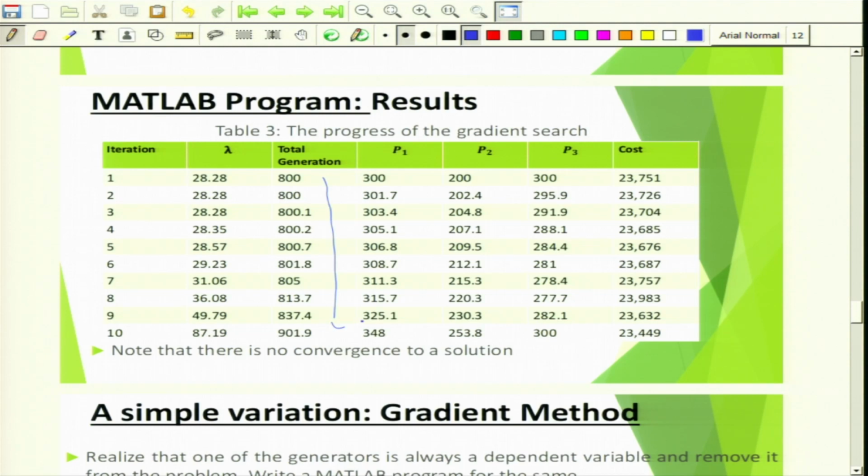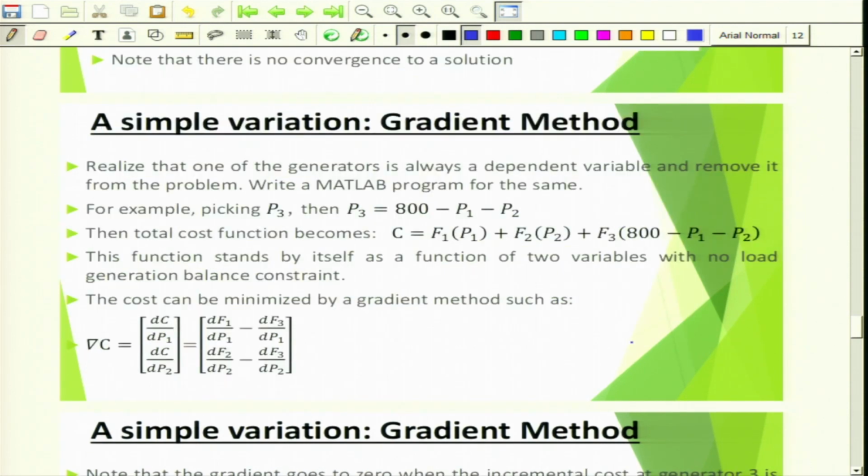But you can see that there is no convergence to a solution, because the fuel cost is not converging. You can see here the fuel cost keeps on changing, it is not constant, because you have to choose the right acceleration factor, otherwise, as I told you, it could lead to wrong values.